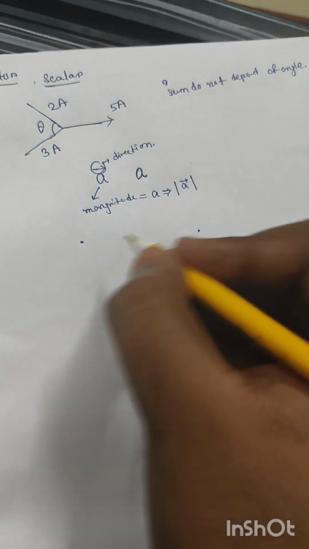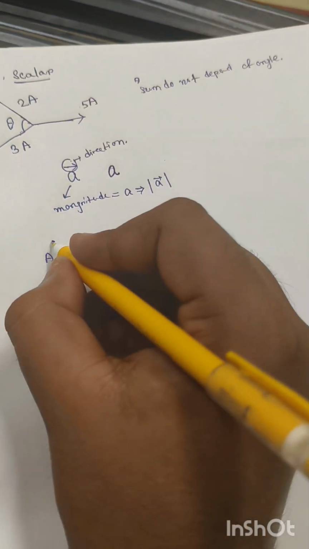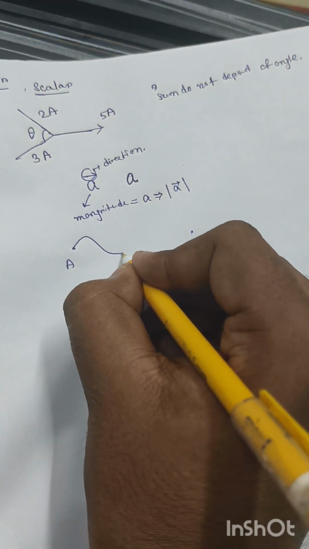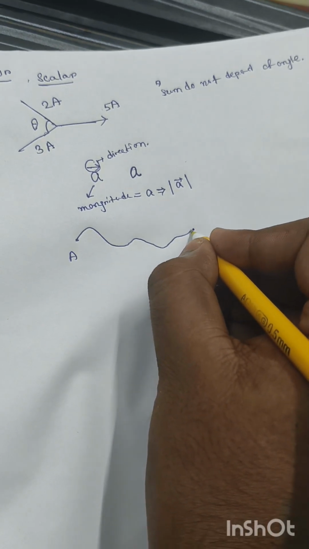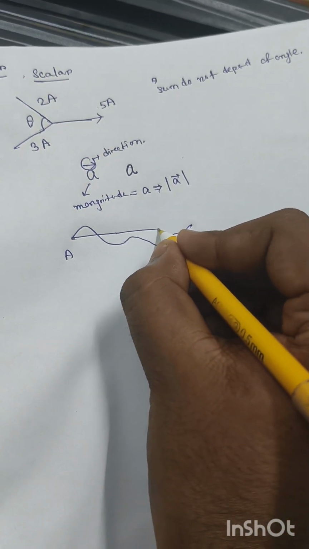For simplicity, we can see here two points A and B. Now we can go here, there, however we like. But the vector is always a straight line.